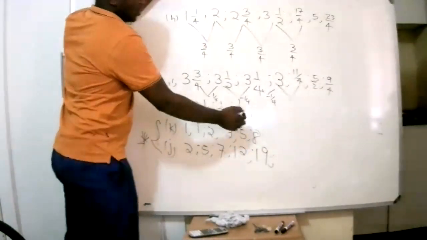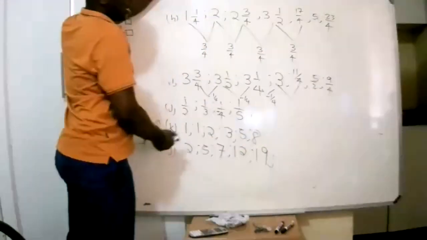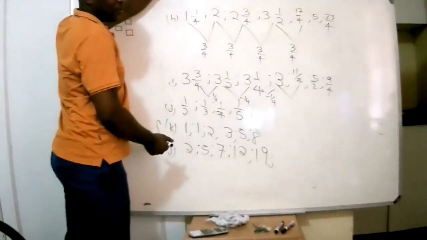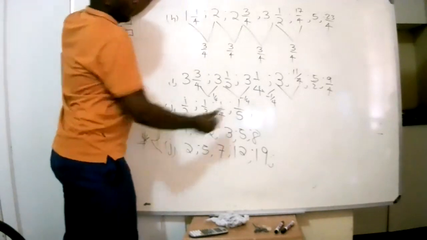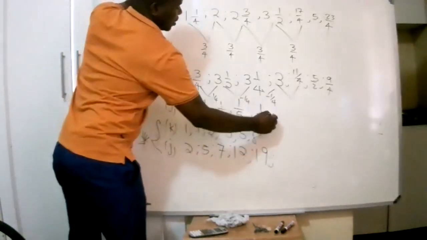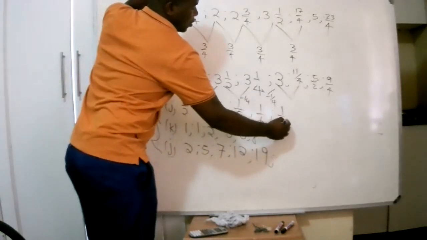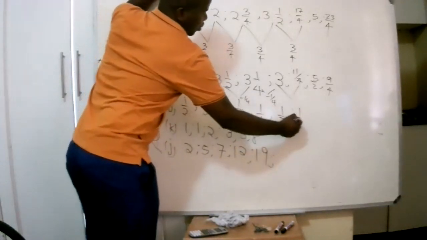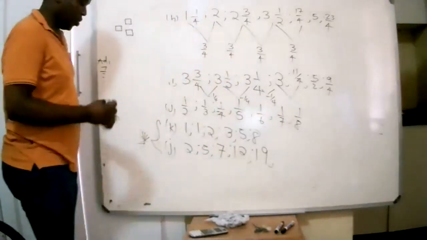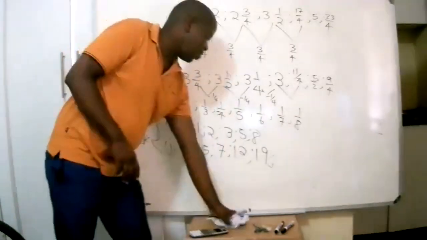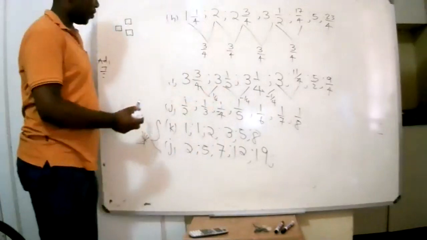So what is the next term after 1 over 5? 1 over 6. And after 1 over 6? 1 over 7, and 1 over 8. So that was simple. It's the simplest one we have done today.